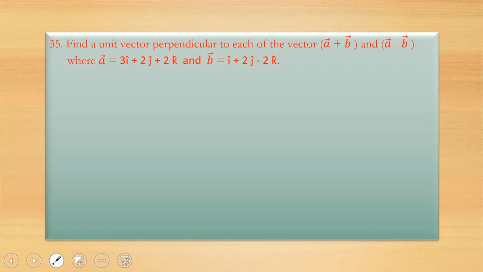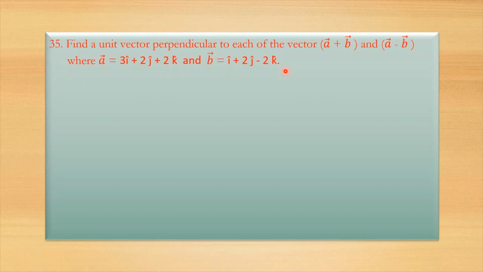Question number 35. Find a unit vector perpendicular to each of the vectors a plus b and a minus b, where a is equal to 3i plus 2j plus 2k and b is equal to i plus 2j minus 2k. So dear, we know that if you want to find a vector which is perpendicular to two given vectors, we need to do the cross product of both given vectors, correct?